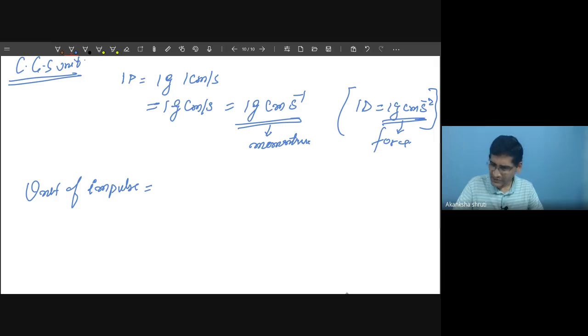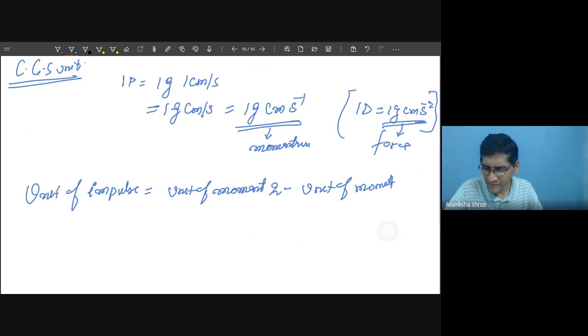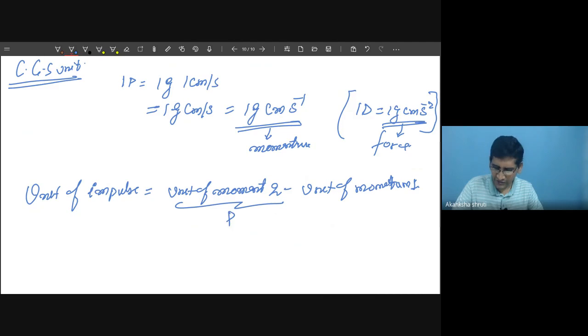Change in momentum means momentum 2 minus momentum 1, denoted by P2 and P1. Students, delta P gives the change in momentum, so the unit will also be obtained by taking the difference.